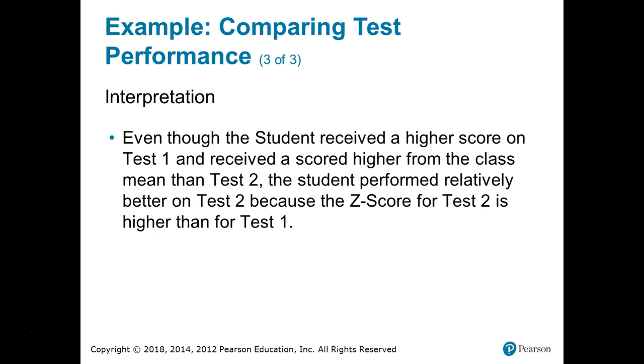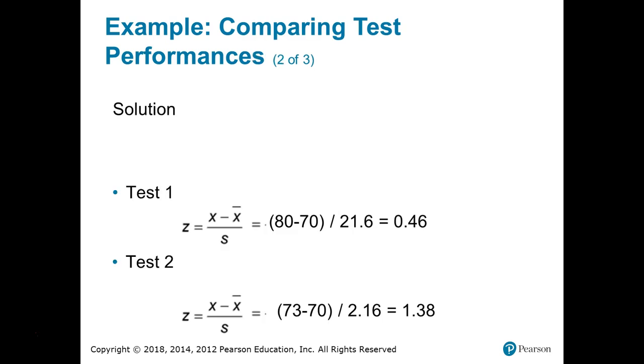Okay, so let's look at our conclusion. Even though she scored better on test 1, clearly 80 is higher than 73, she actually scored better relative to the rest of the class on test 2.